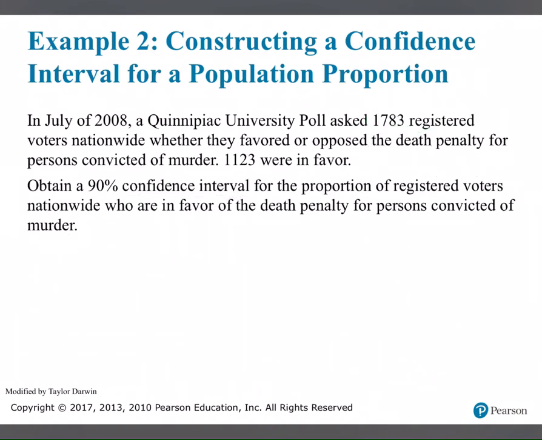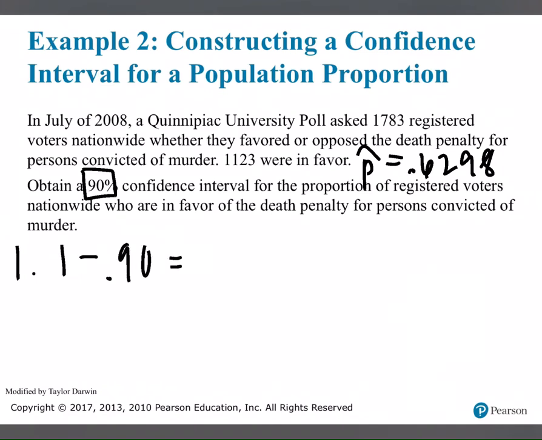So, put my p hat again, 0.6298. And I'm going to go through those steps. So we know that we're using a 90% confidence interval. So let's find alpha. To find alpha, it's 1 minus the confidence level as a decimal.